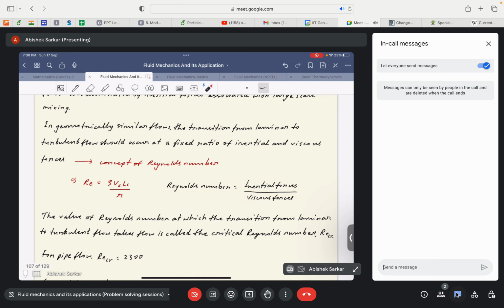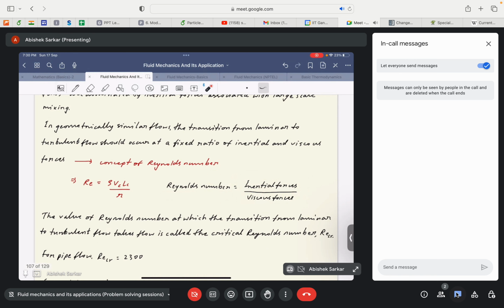So that's why these forces are highly dominant in a turbulent flow field, and the inertial forces dominate over the viscous forces. Since the inertial forces go up, it directly implies that the Reynolds number of the flow field will go up. So this is the very meaning of why the Reynolds number is higher in a turbulent flow field and comparatively lower in a laminar flow, right?